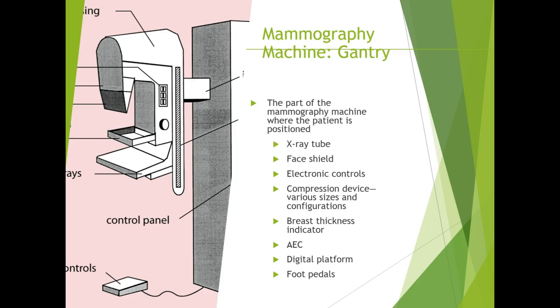So in looking at the mammography machine, the part of the mammography machine where the patient is positioned is the gantry. And this is also sometimes called the C-arm. It'll move 360 degrees.